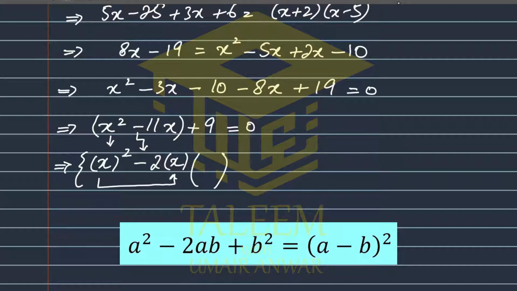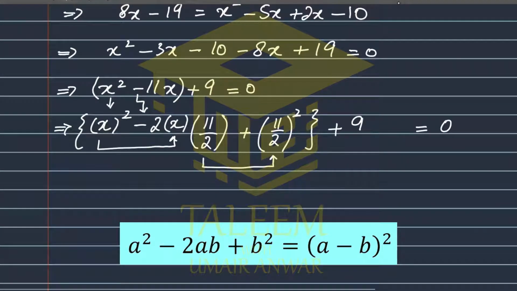So what should be written in the second bracket over here? The term that should be written over here is 11 upon 2, so that the 2 present in the denominator cancels the 2 present in the numerator before x, and the product of 11 and x would give us 11x. So the same second term that we have written over here should be again written over here, and there is a plus 9 after the bracket, and this whole is equal to 0.